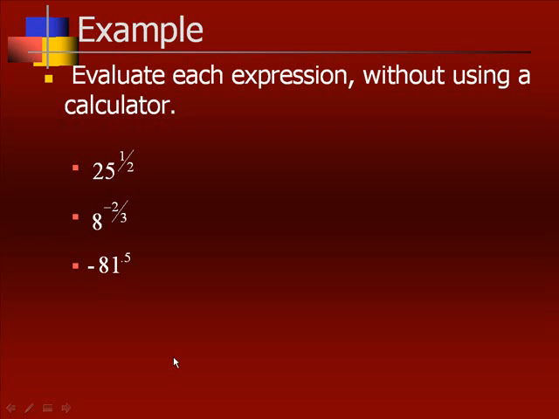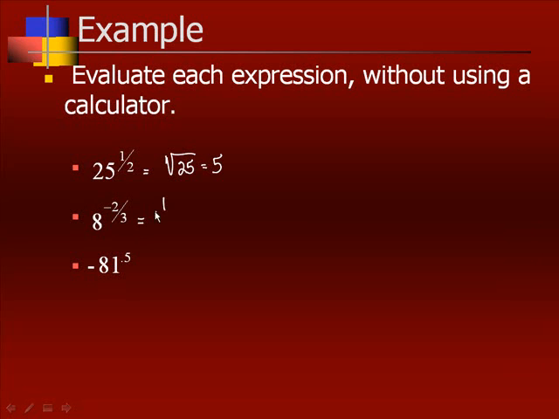Now, evaluate each expression without using a calculator. Same thing. 25 to the 1/2 power. The 1/2 power means the square root of 25, which would be 5. 8 to the negative 2/3 power.